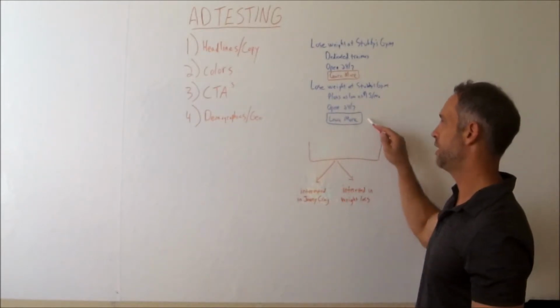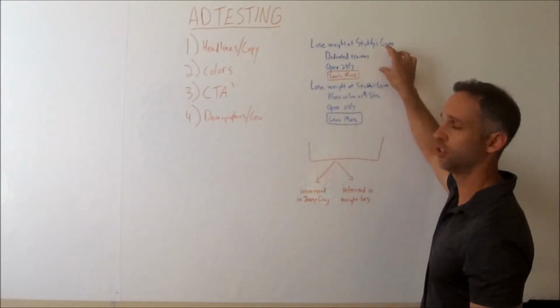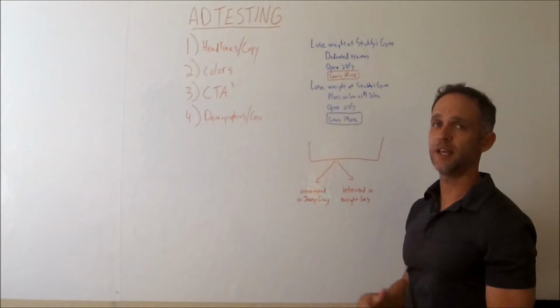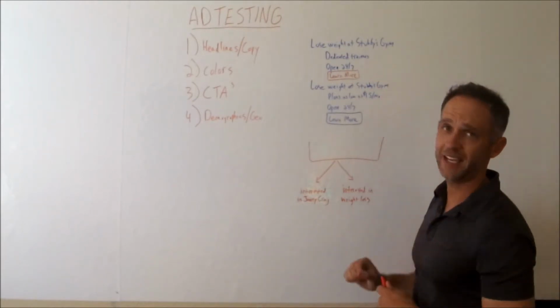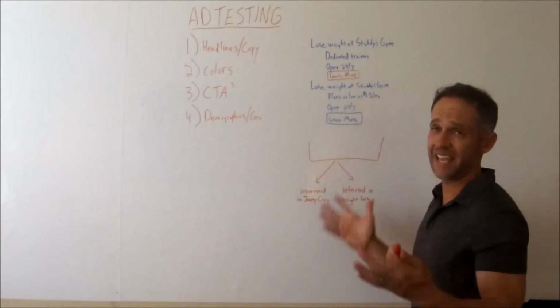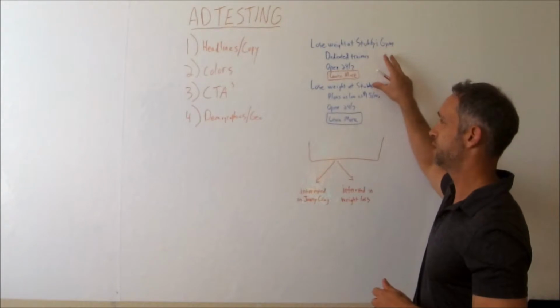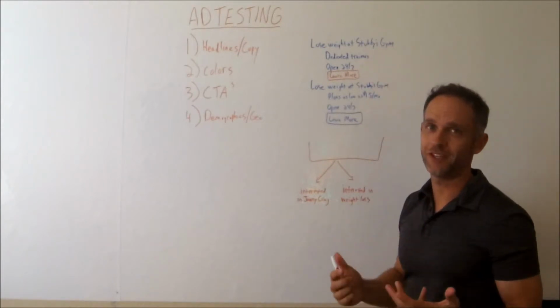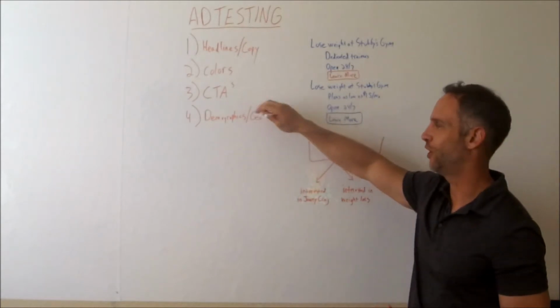We have a Learn More button here in red and a Learn More button in blue. You can see if one's contrasting in color to the rest of the text. Maybe an image in your ad is contrasting against another image. You can test which one is more engaging based on which one they click more often, obviously, right? So the one that's going to get more engagement is the one that you should go to in terms of color.